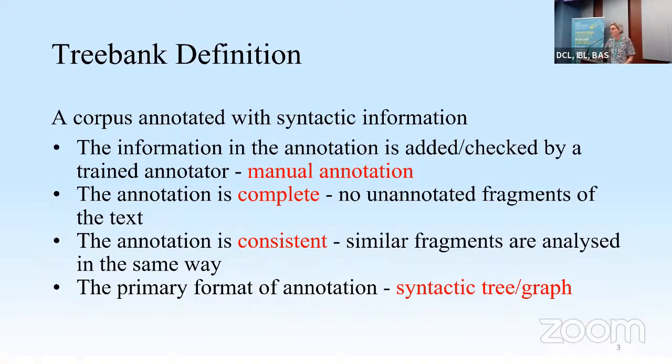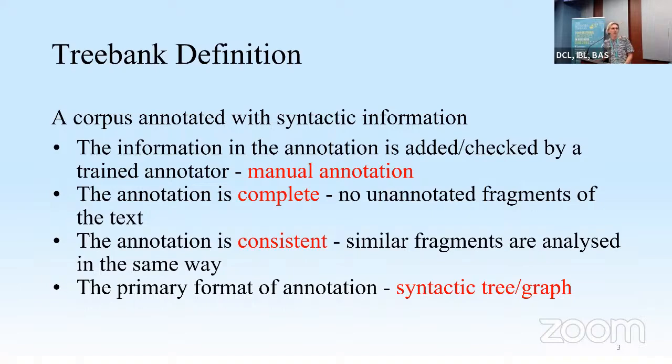The annotation should also be consistent. If you have one solution for something, you should be consistent with it, even if it's not the best solution. And later on, if you decide to reclassify it, you can do so consistently as well.